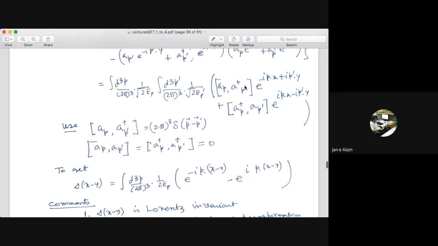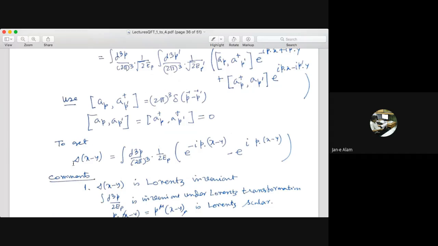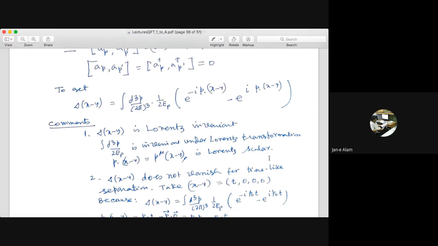If I put these commutation relations here in terms of the Dirac delta function, then I can use the 3-dimensional Dirac delta function to do the d cube p prime integration, right? If I do the d cube p prime integration, then what I get is that delta x minus y, the commutator of phi x and phi y, is this particular quantity, d cube p by 2 pi cube, 1 by Ep, e to the power. Now, a few observations I would like to make here.